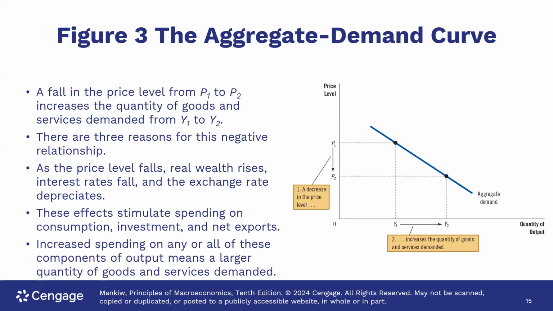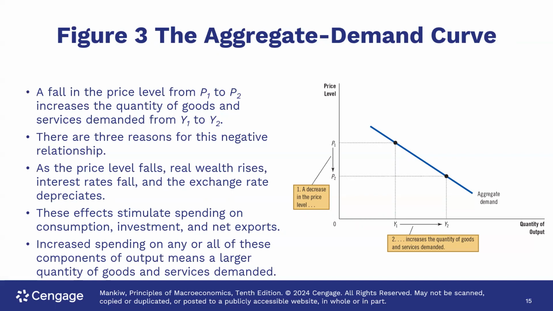right? So before we get into the detail of those effects, we need to briefly look at this entire structure. So what will happen when the price changes? A fall in the price level from P1 to P2 increases the quantity of goods and services demanded from Y1 to Y2.